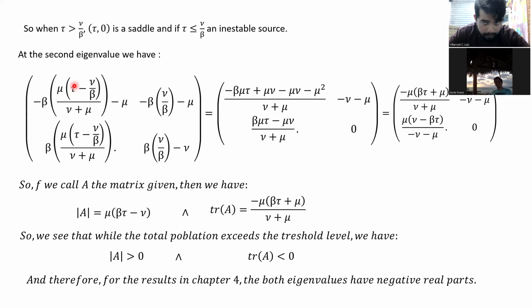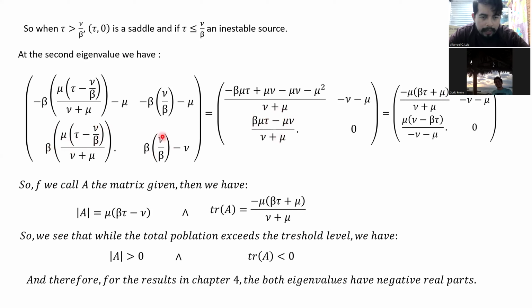And if we solve for each component, we have, for example, in the first one, minus beta mu tau plus mu b minus mu squared over b plus mu. In the second component, the betas are going to cancel, and we have minus b minus mu. In the third component, entering the beta in the fraction, we have beta mu tau minus mu b over b plus mu.